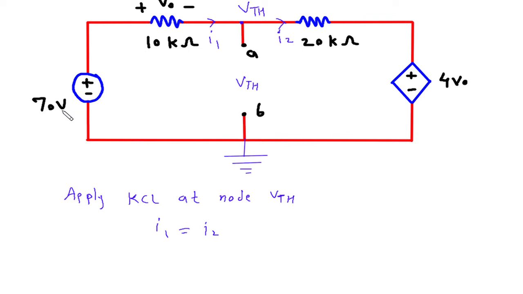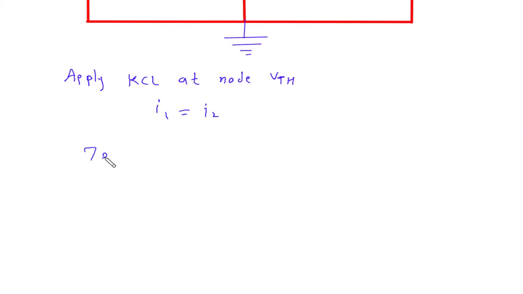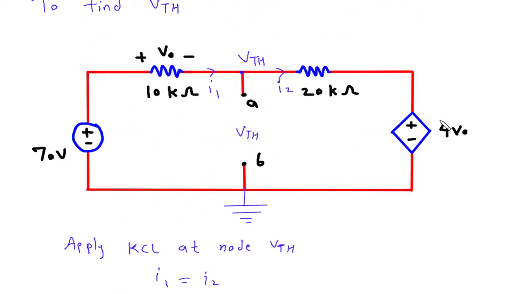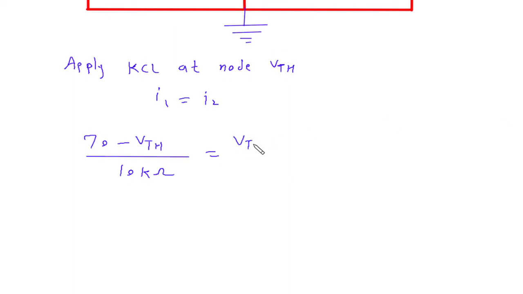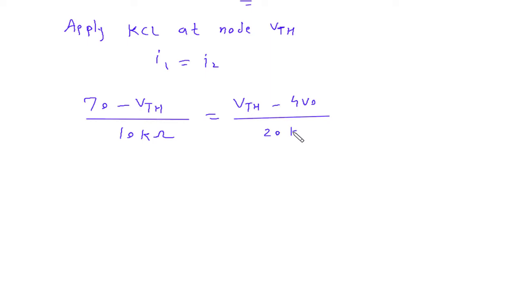Now I1 is 70 minus VTH by 10 kilo ohm, and this is equal to I2. I2 is VTH minus 4VO divided by 20 kilo ohm.